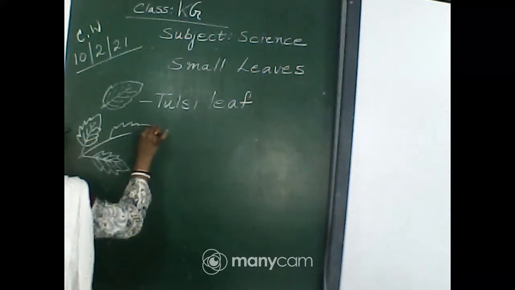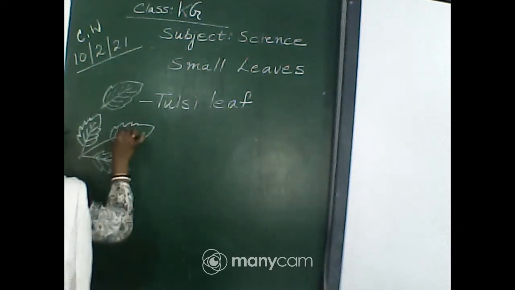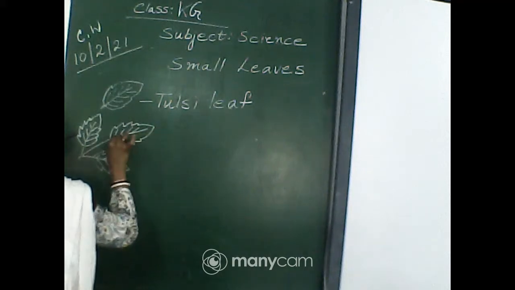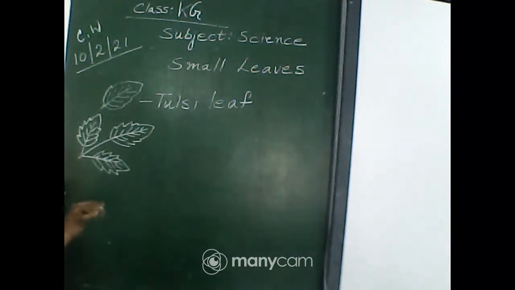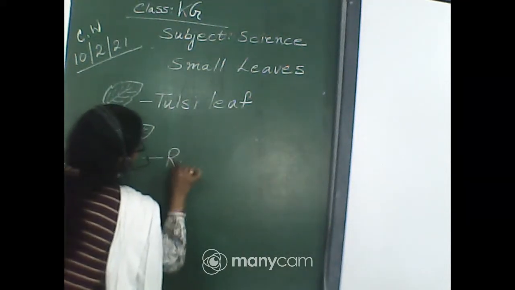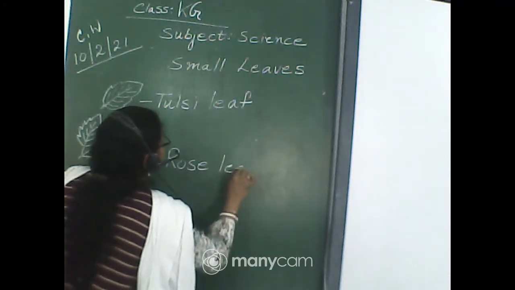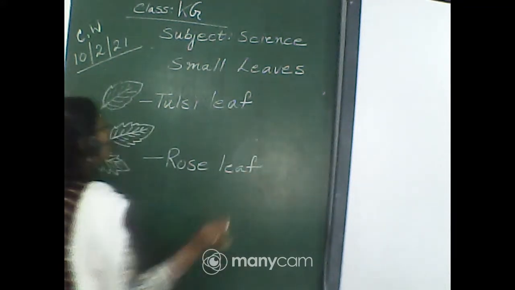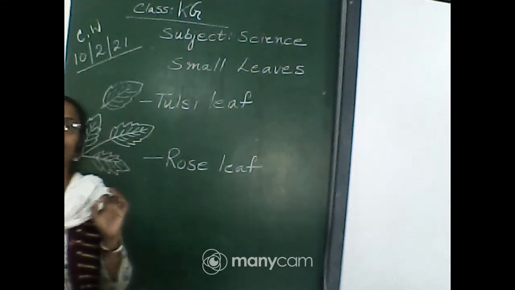After this we will do one activity class regarding the small leaves, as we have done for the big leaves. So this is your rose leaf.